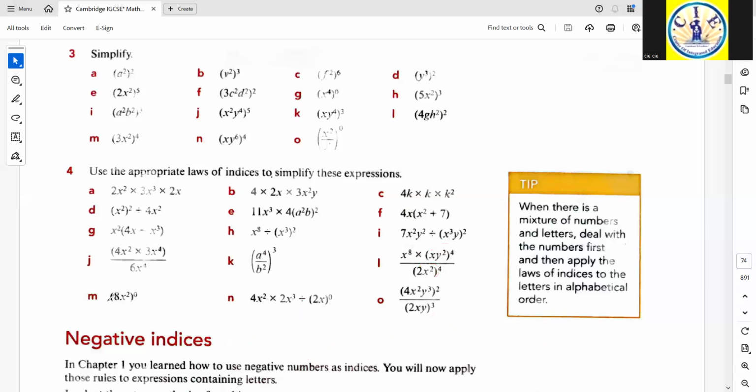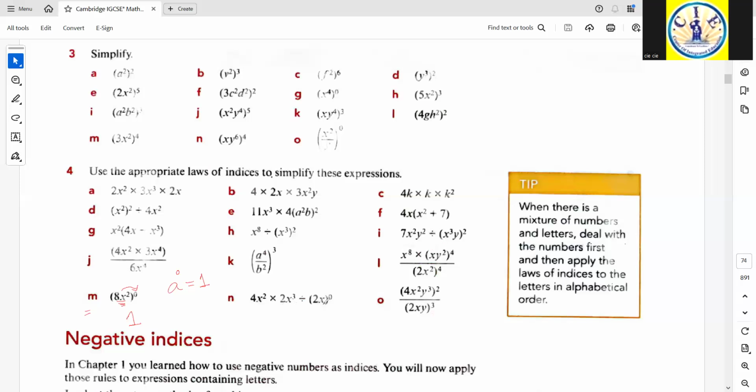Okay, now for part M. We know that any number raised to the power 0, answer is 1. So all this expression within this bracket has got the power to be 0. So the answer is going to be 1.